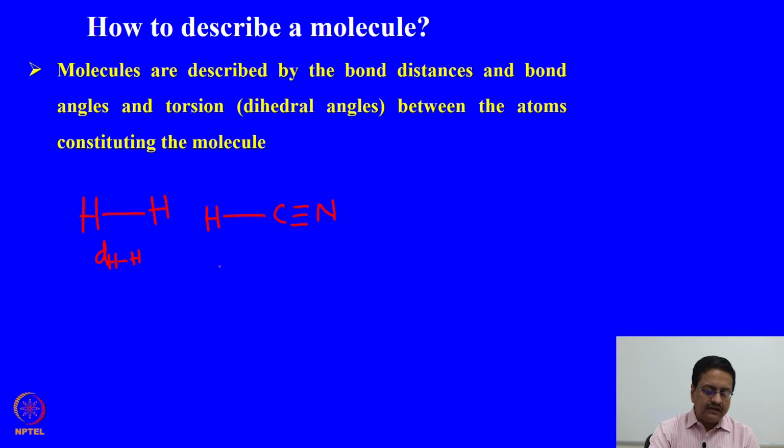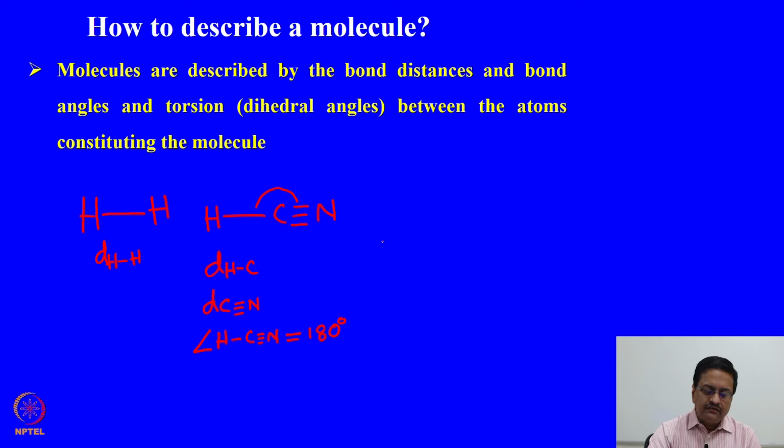We need to know the distance between hydrogen and carbon, the distance between carbon and the triple bonded nitrogen, and also the angle between hydrogen, carbon and nitrogen. Only then may we be able to say that this molecule is linear, if this angle is 180 degrees.